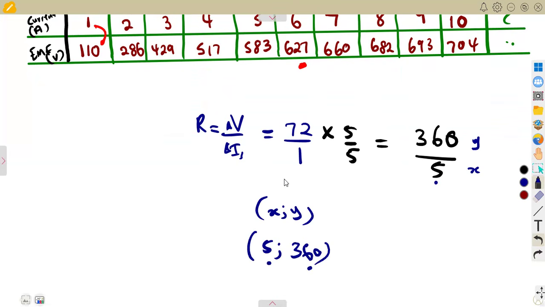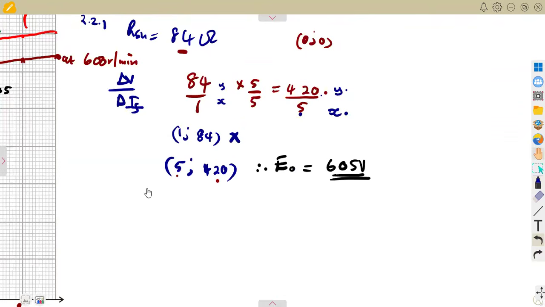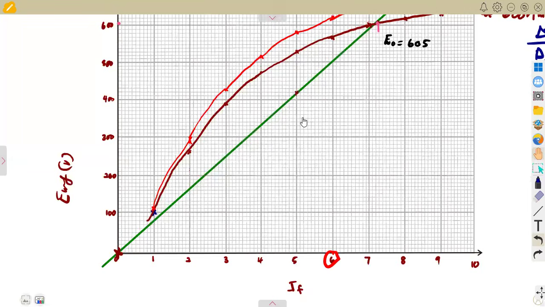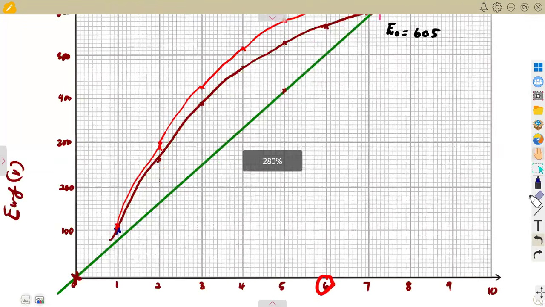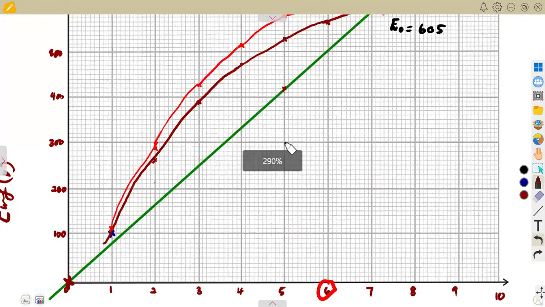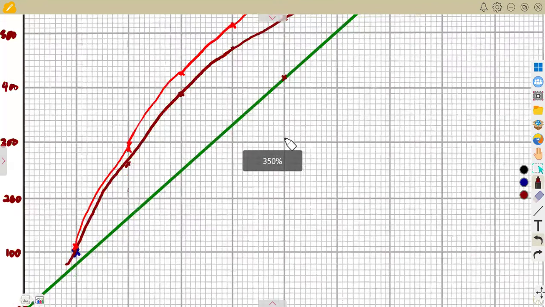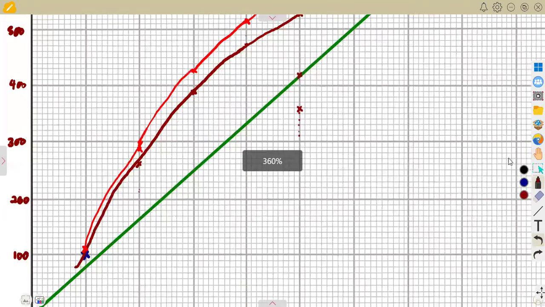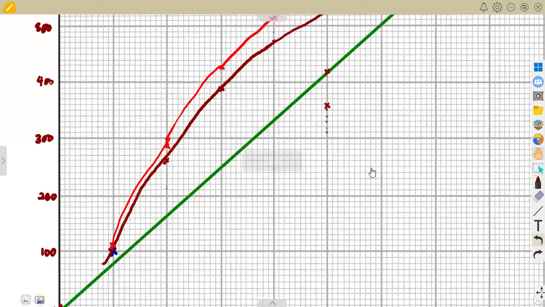We mark that point just like what we were having before, but this time it's at 5 versus 360. So this is 5, 360. You're going to count 6 boxes from 300. That's 310, 320, 330, 340, 350, 360. So that's 5 versus 360. These points are enough.